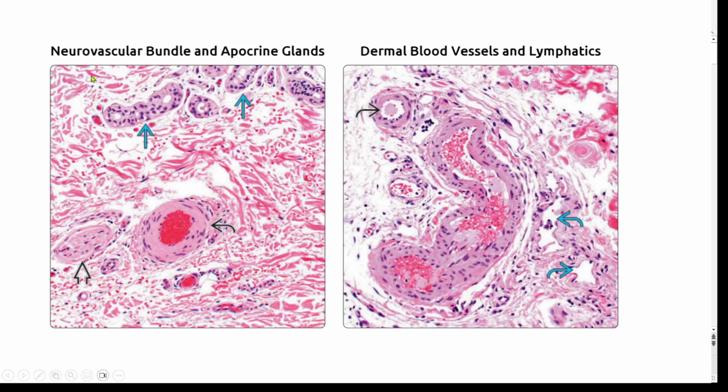The neurovascular bundles in here, we can see that there are these glands again, the apocrine glands, and this is a nerve, and this is a vessel, probably an artery, and probably this one is a vein. So this is the plexus that has three different things, probably lymphatics in here, better to see them. This one is a lymphatic vessel, and this one is another lymphatic vessel. They do not have red blood cells. This one's probably an artery or a vein. This one is likely an artery.